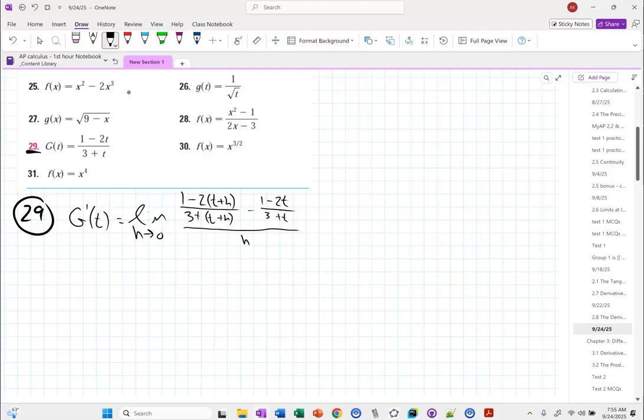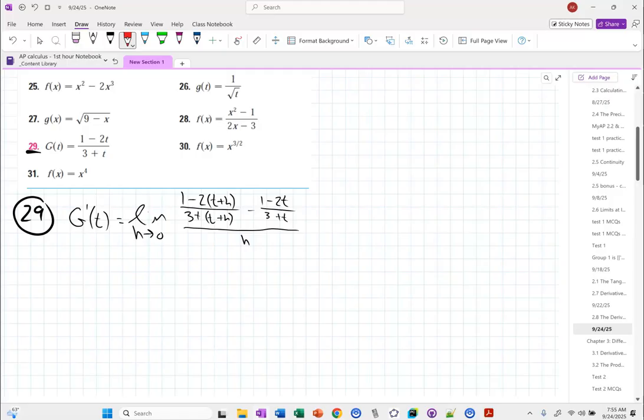So quick check, if I plug 0 in for h, it's 0 over 0, so it's indeterminate, so I have to do something to clear that hurdle. In the case where I have a complex fraction like this, with fractions on top of fractions, typically the easiest simplification technique is to multiply the top and bottom of the big fraction by the least common multiple of the denominators from the little fractions.